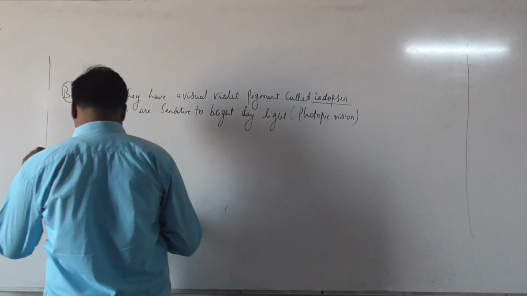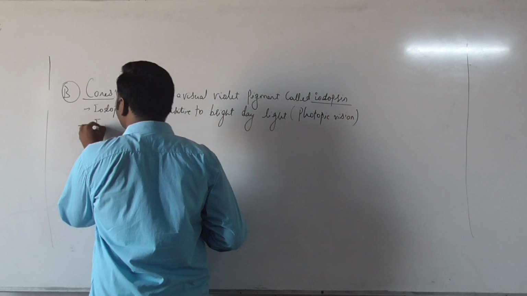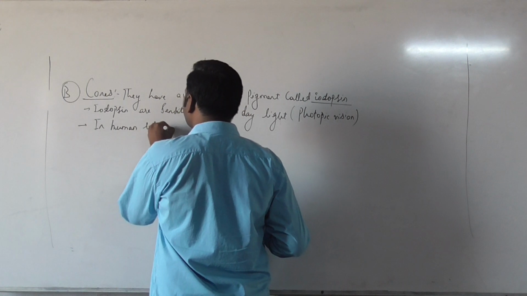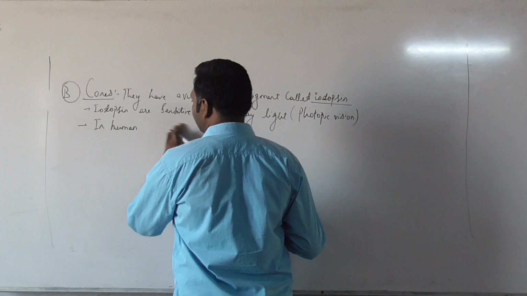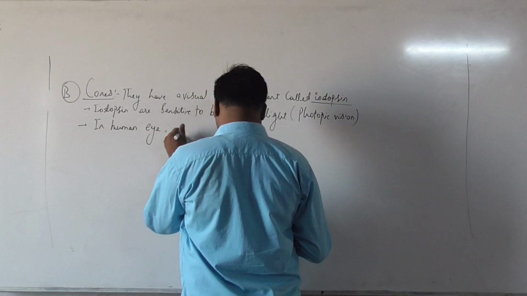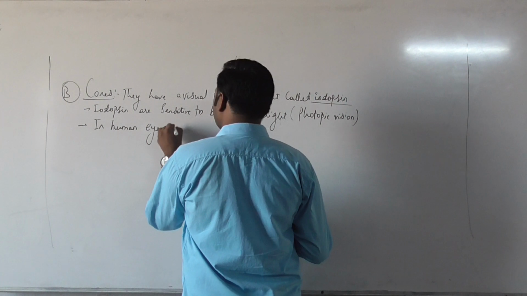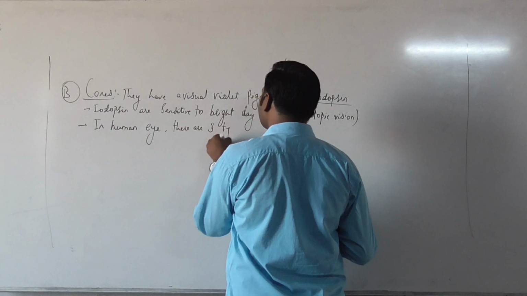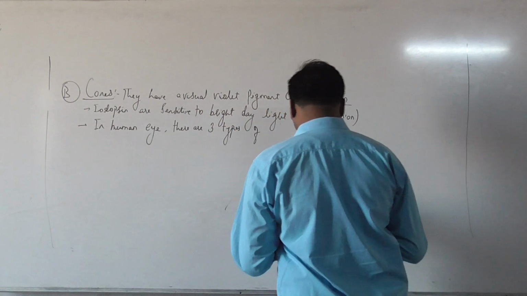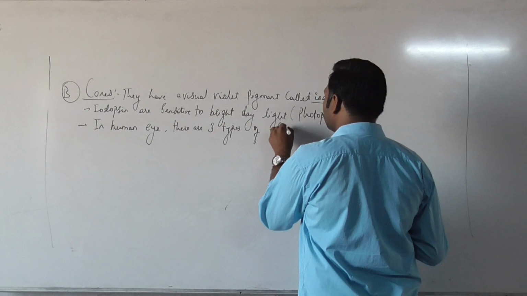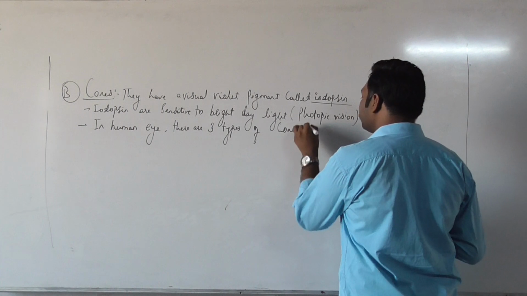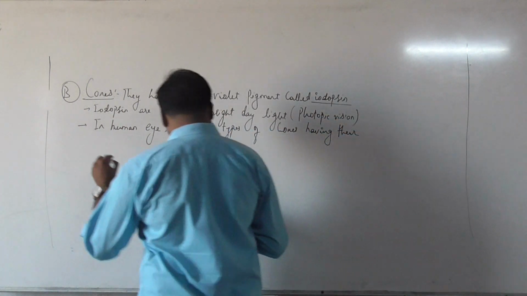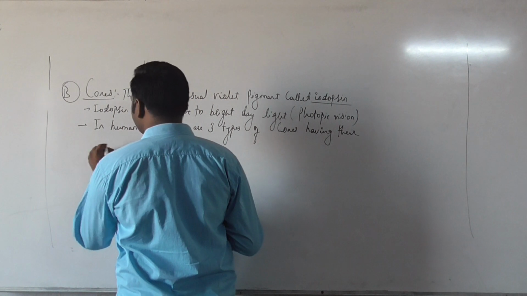Now, in the human retina, or human eye, there are three types of cones, having their own peculiar photopigments.